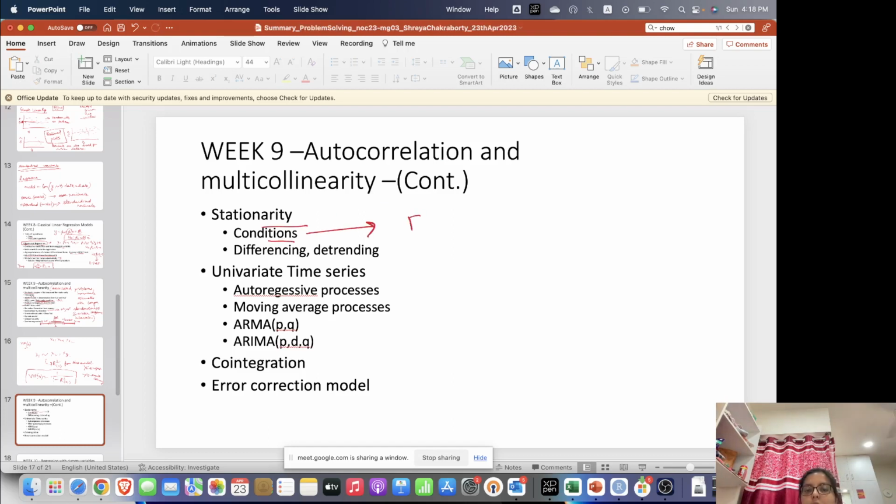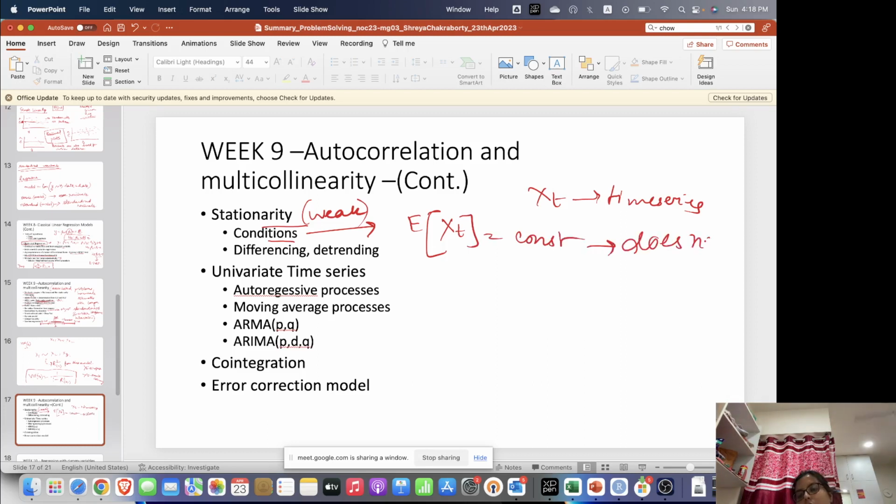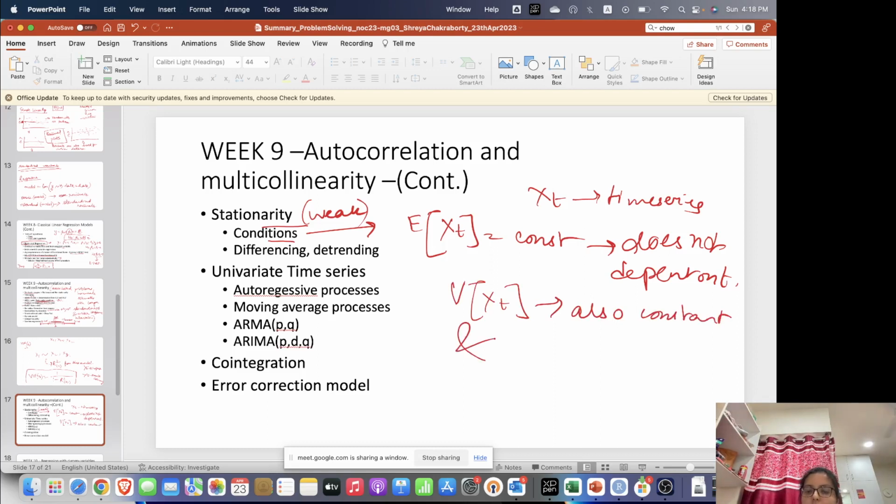Stationarity means, if x_t is a time series, then the condition of weak stationarity is that expectation of x_t equals a constant that does not depend on t, the variance of x_t is also constant, and the correlation between x_t and x_{t-l} is only a function of the lag and nothing else.